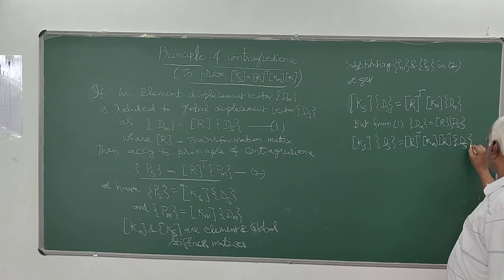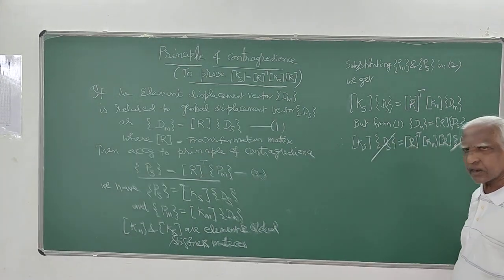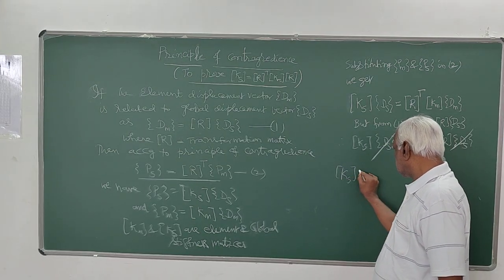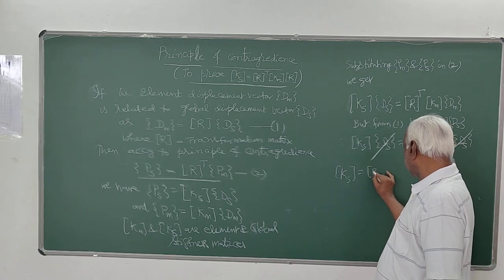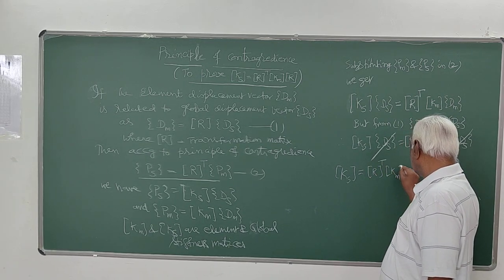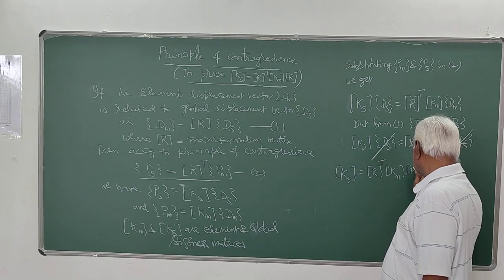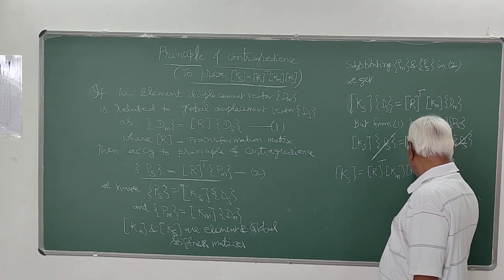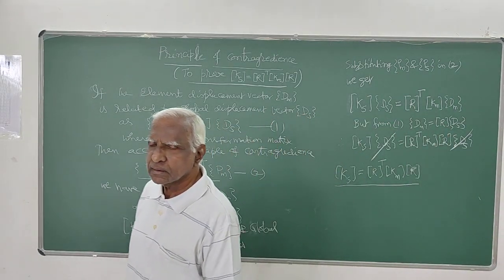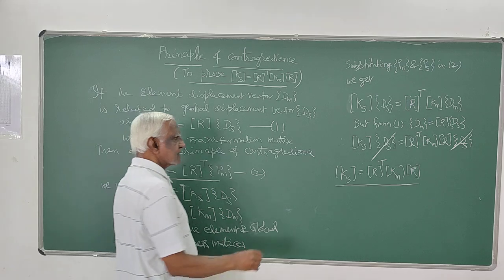This ds, if you take it out, you will get Ks is equal to RT Km R. This is the relationship between the global and local stiffness matrices.